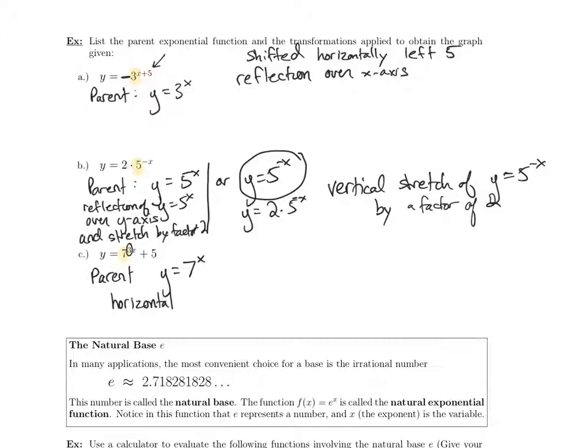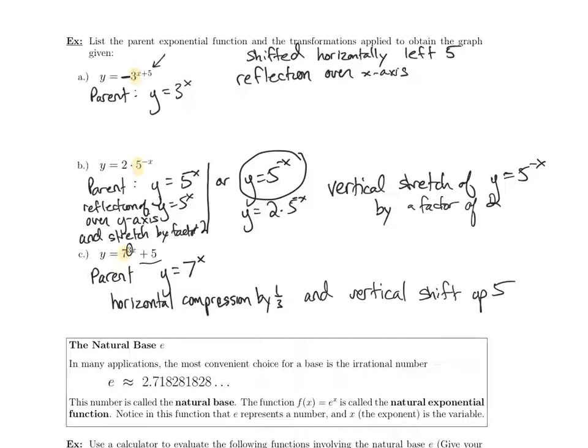So in this case, I would call this a horizontal compression or shrink by 1/3, because remember, horizontal is always opposite of what you'd expect. But this plus 5 is happening on the outside, so this is a vertical change. And adding 5 means it's a vertical shift up 5.